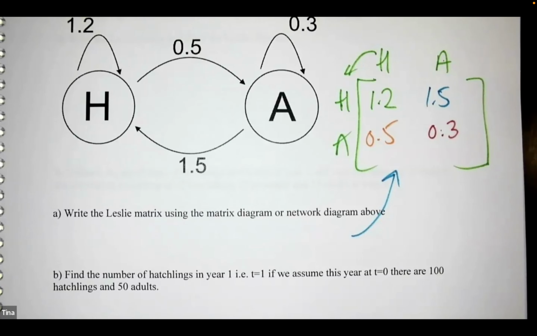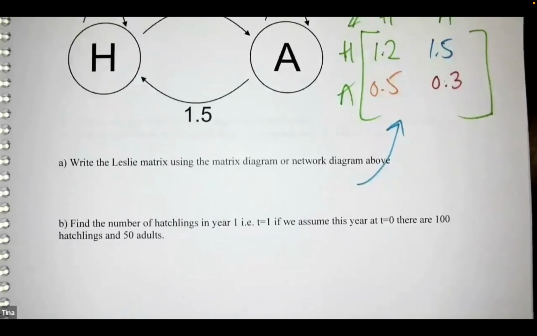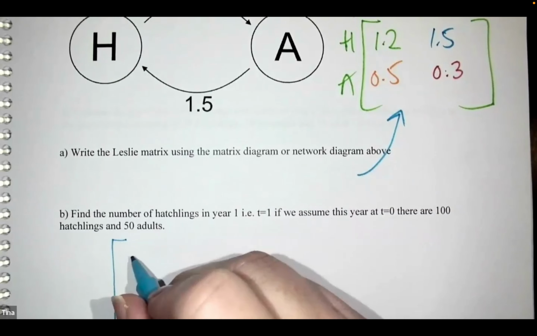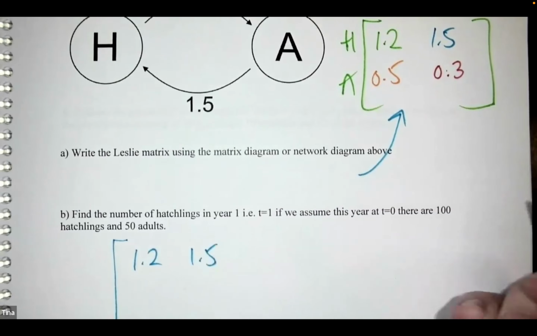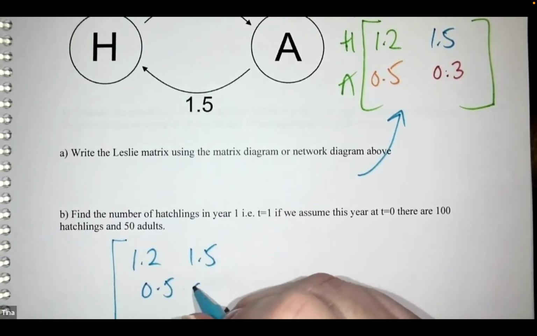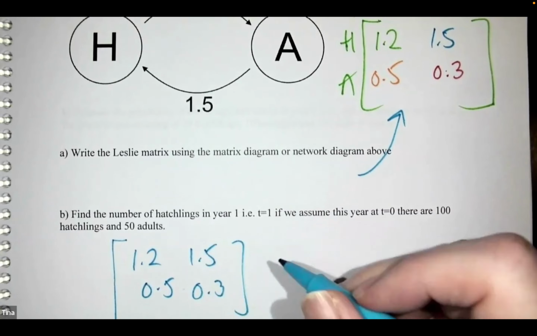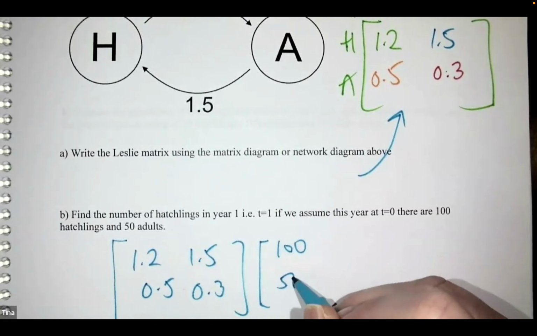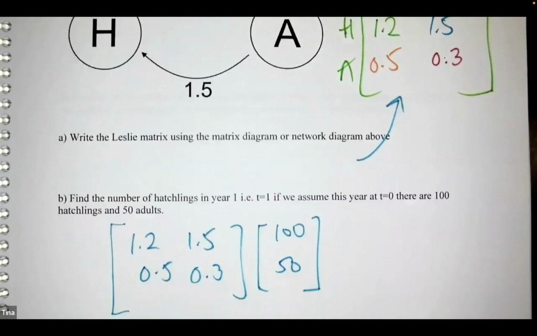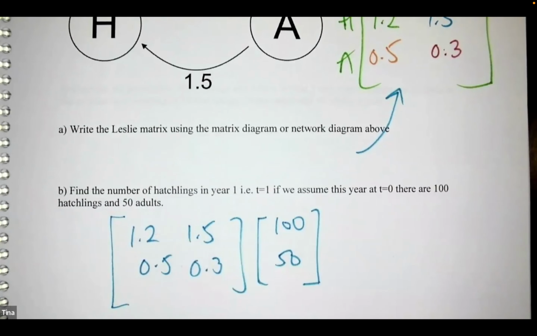And if we want to find the number of hatchlings in year 1, if we assume that at time 0 there's 100 hatchlings and 50 adults, then we want to take our matrix. And again, of course, you can find this answer without actually doing a matrix times a vector, right?